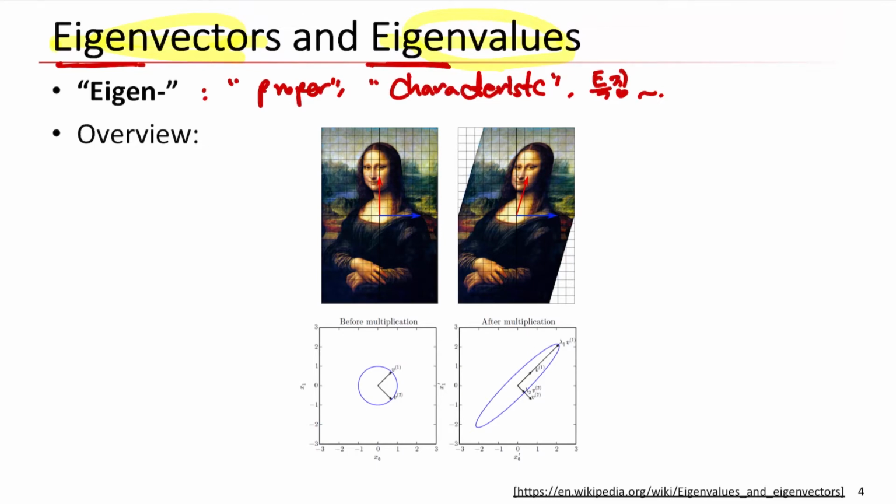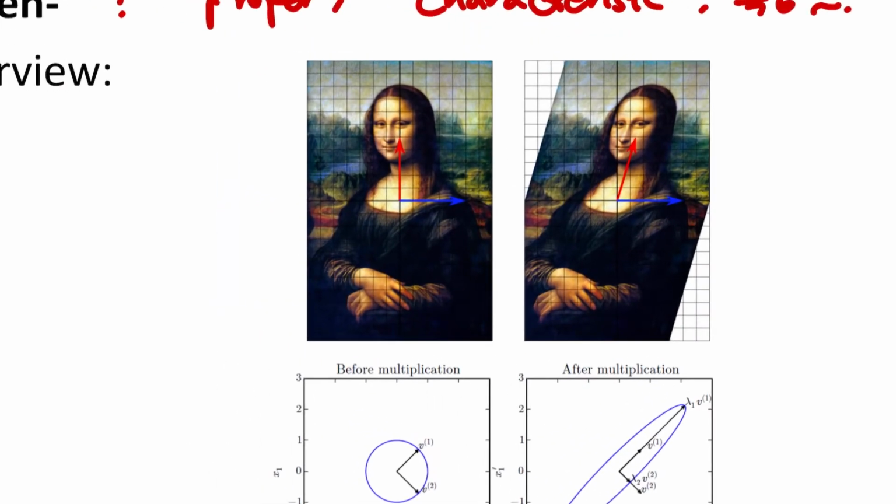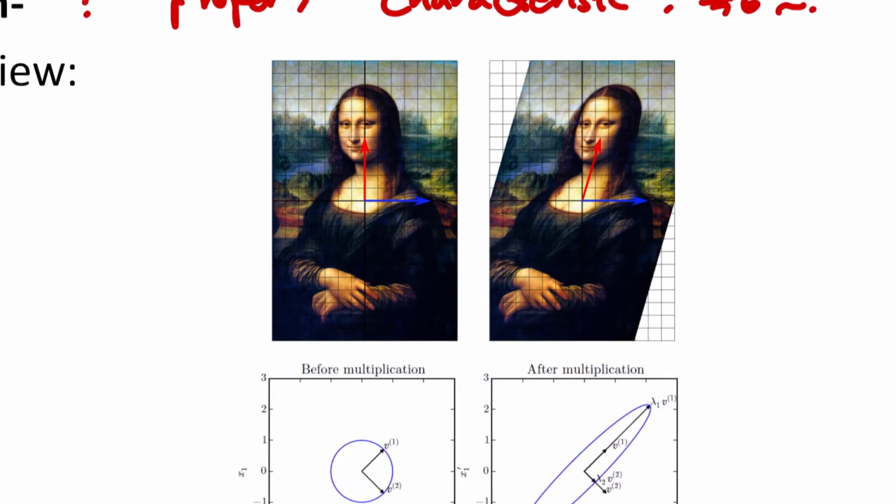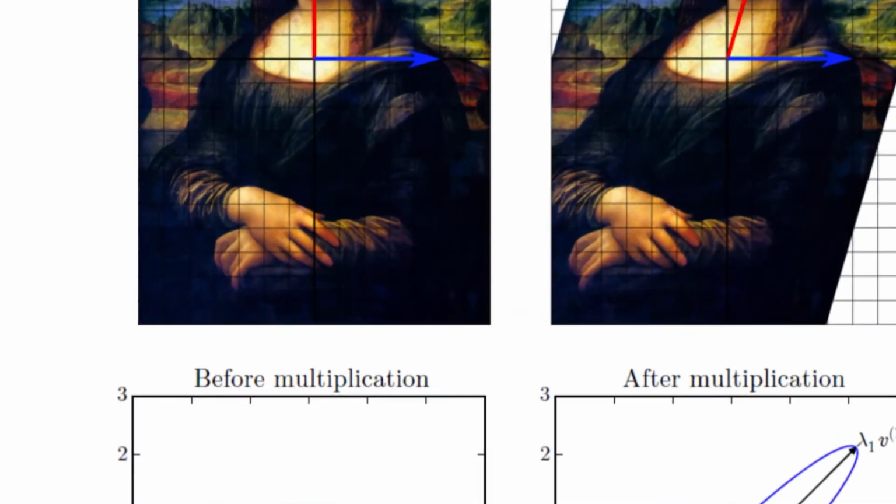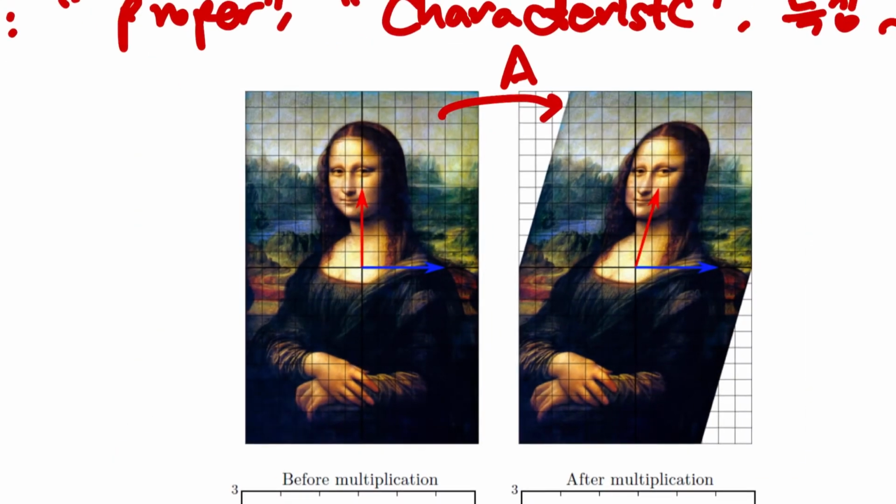Okay, so let me show you a figure. Let's think about one linear transformation. From the left-hand side, you can see the image consisting of the two-dimensional space, x1 and x2, right? Then by using an arbitrary matrix transformation A, we can transform this image or signal to something like this.